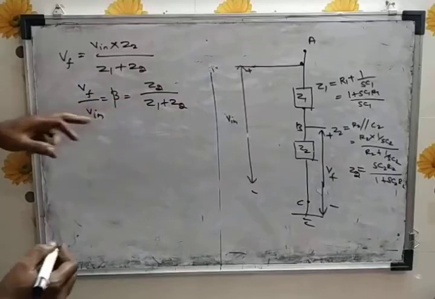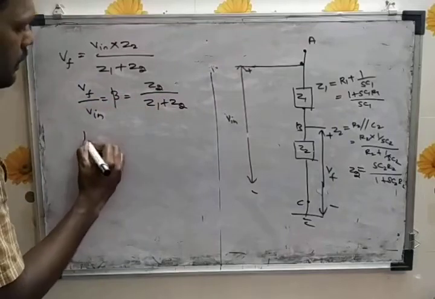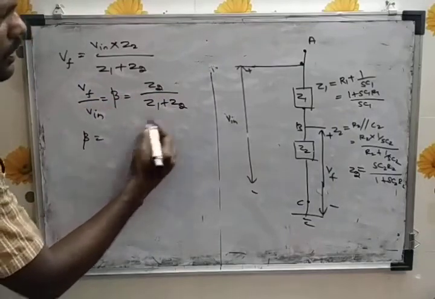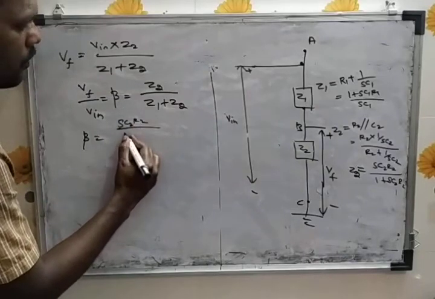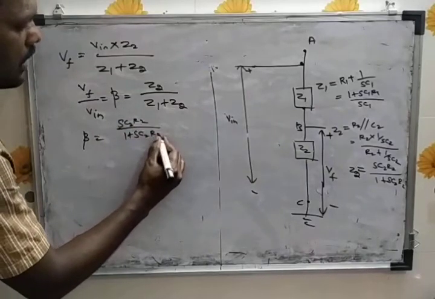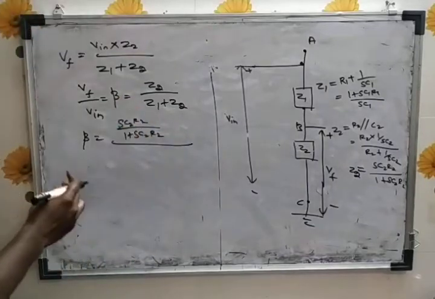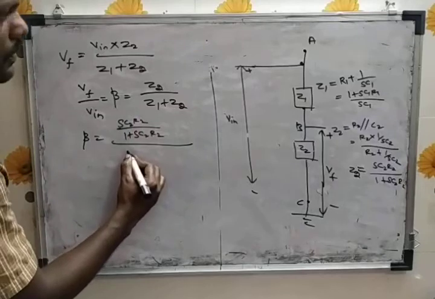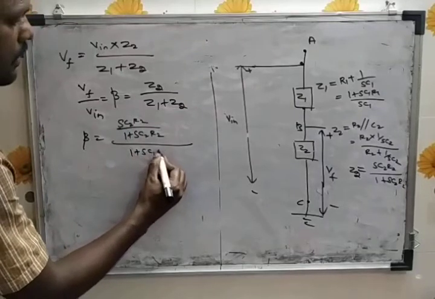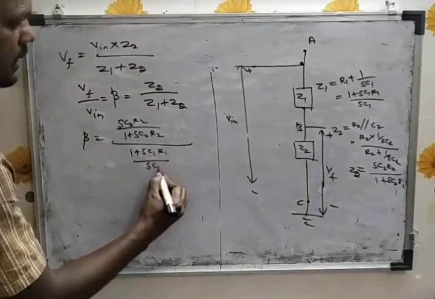Next you substitute the Z2 value here. You have SC2 R2 by 1 plus SC2 R2 divided by 1 plus SC1 R1 by SC1.